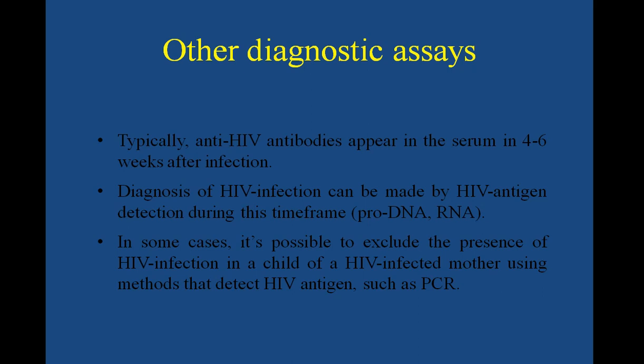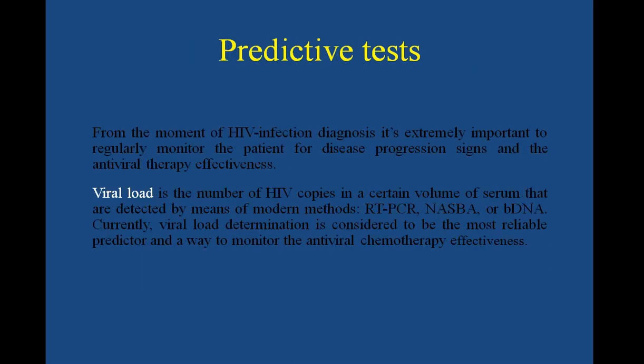In some cases, it is possible to exclude the presence of HIV infection in a child of an HIV-infected mother using methods that detect HIV antigen such as PCR and predictive tests. From the moment of HIV infection diagnosis, it's extremely important to regularly monitor the patient for disease progression signs and the antiviral therapy effect.